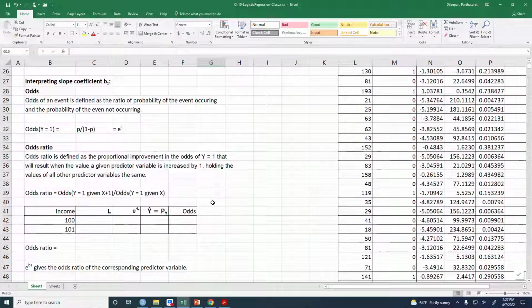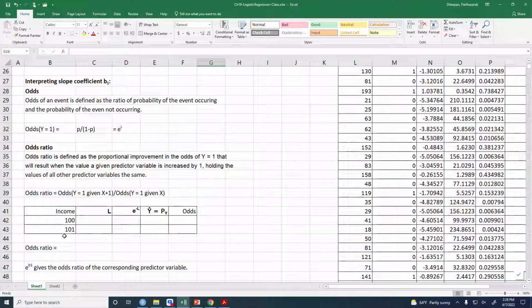But that's all well and good, there is one more concept which is of interest, and that's called odds ratio. Odds ratio is given by what happens when the x value, the predictor, increases by 1. Remember, in regression analysis, slope gives you what happens to target when the predictor goes up by 1, right? So it's the same kind of concept.